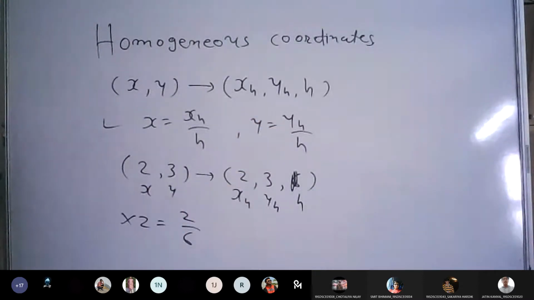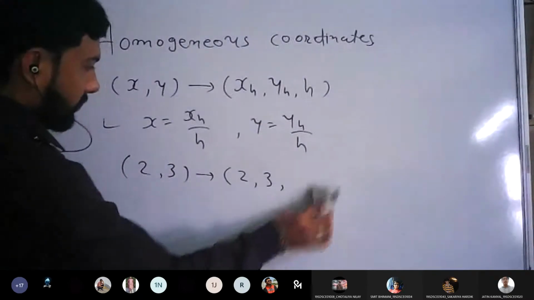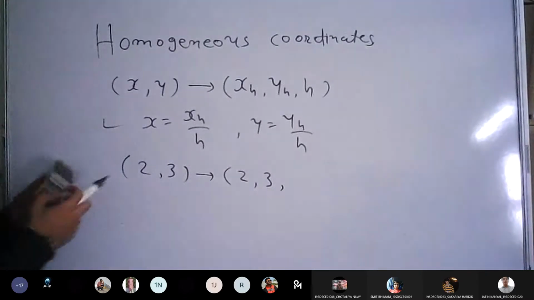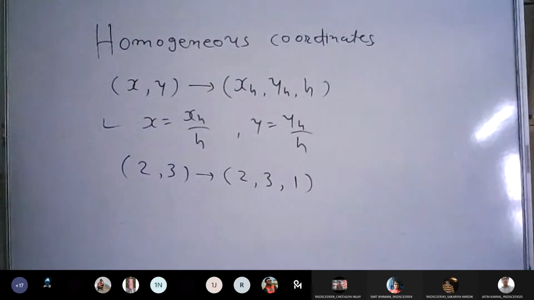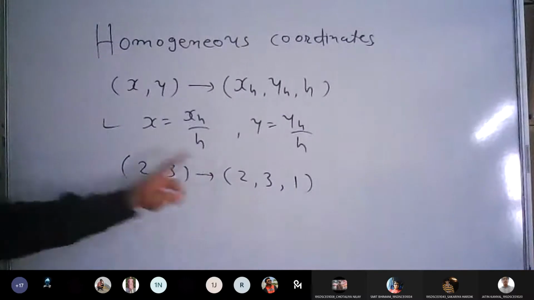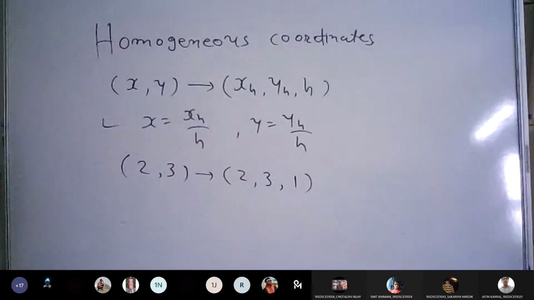It is correct. So the 3 by 3 representation of the point (2, 3) is (2, 3, 1). So far, are you getting this? This is the homogeneous coordinate value for the point (2, 3). Are you getting this?